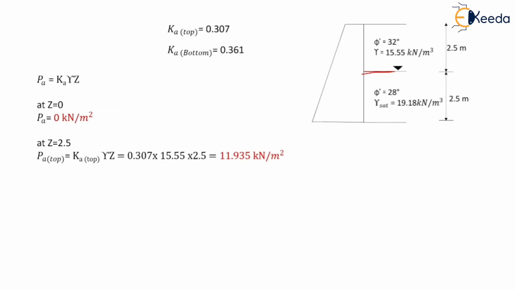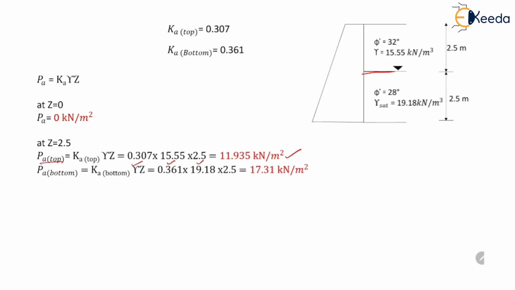First we will see the active pressure for the top interface. It will be equal to Ka for the top layer into gamma z, which is equal to 0.307 into gamma 15.55 and height 2.5. So Pa for the top interface is 11.935 kilonewton per meter square.